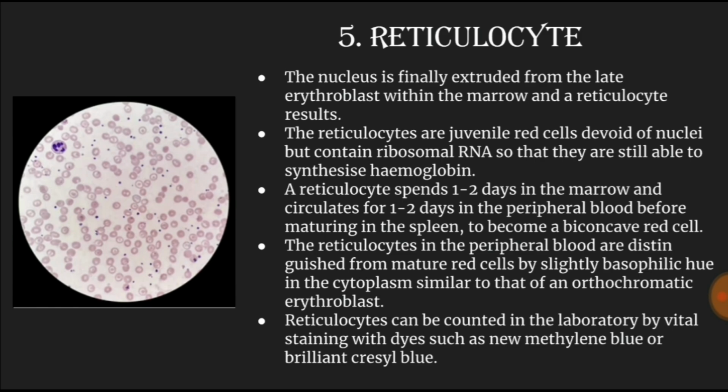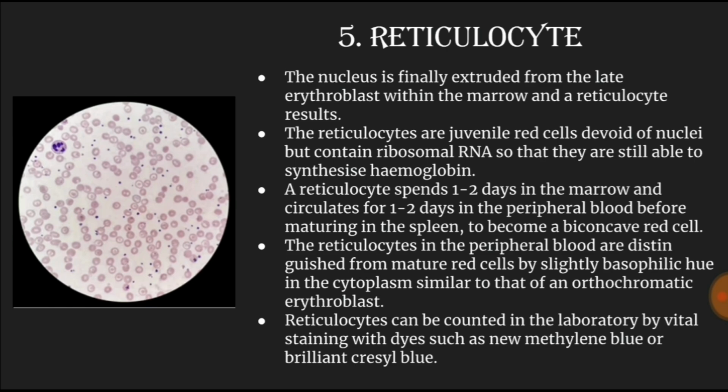So this reticulocyte is in the peripheral blood and is distinguished from mature red blood cells by having a very small amount of basophilic hue, or basophilic color, inside the cytoplasm, which is similar to the orthochromatic erythroblast.